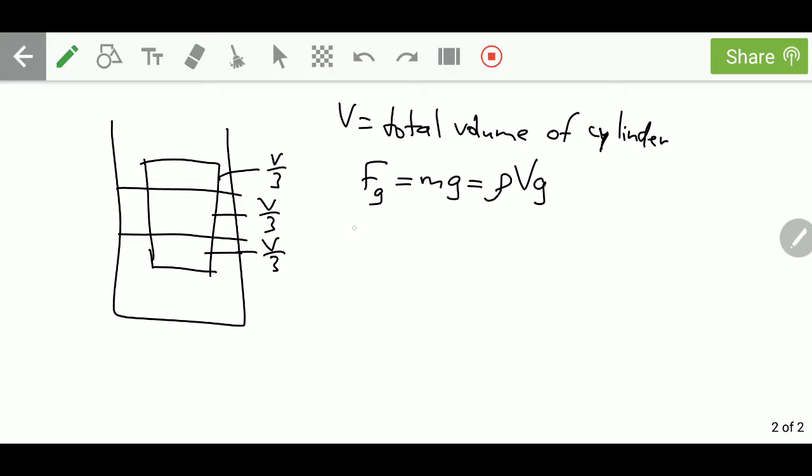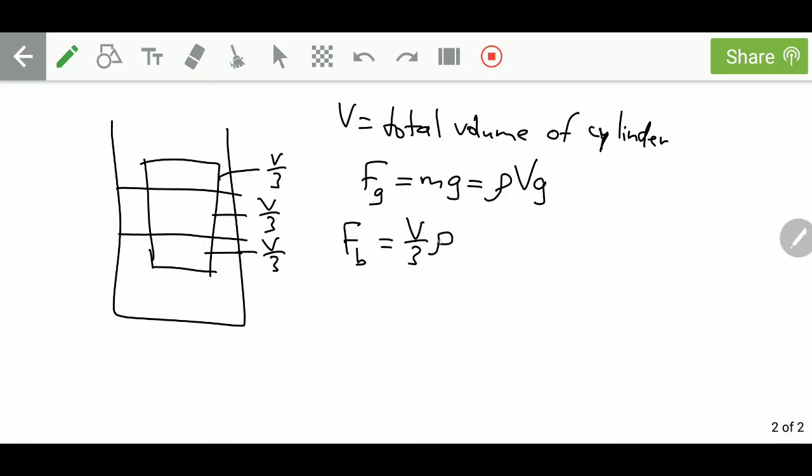Now, what is the buoyant force? By Archimedes' principle, it's equal to the weight of the displaced fluid. So what is the weight of the displaced fluid? First, we have a certain amount of oil that is displaced, so that's V/3, the volume of the displaced oil.